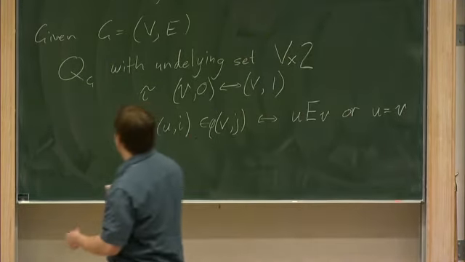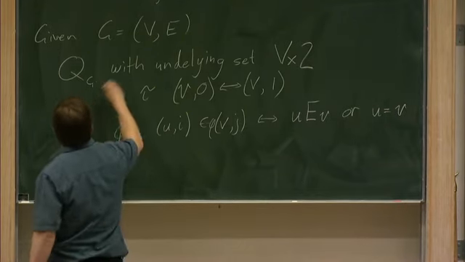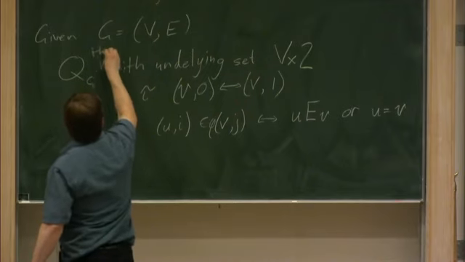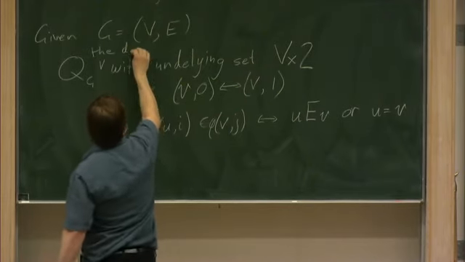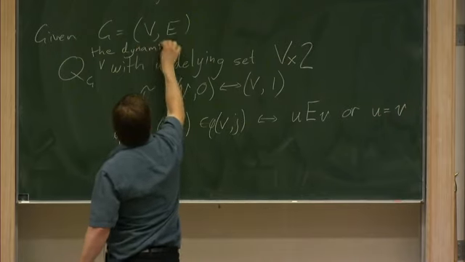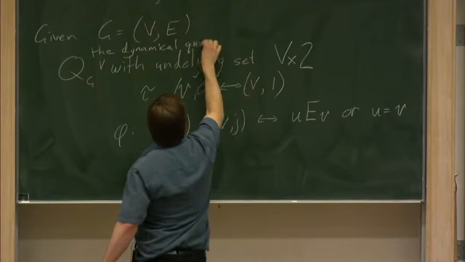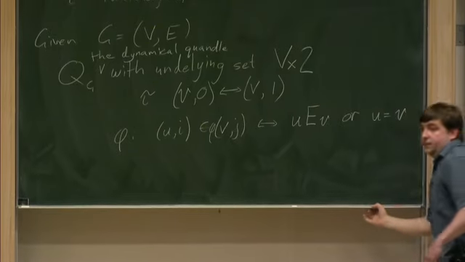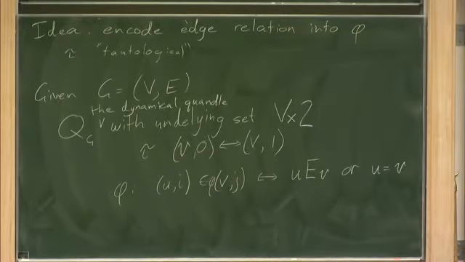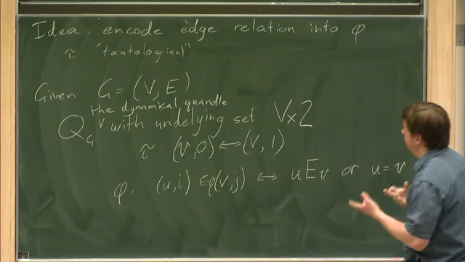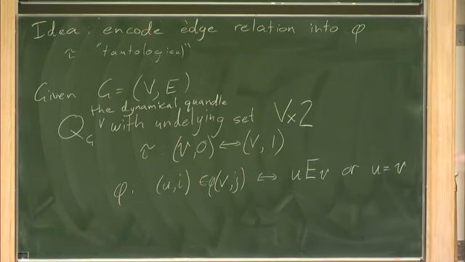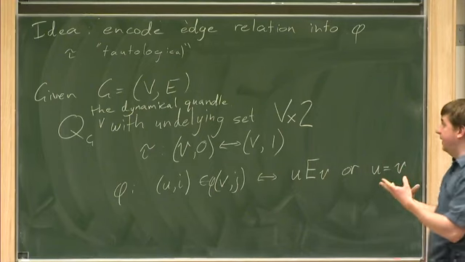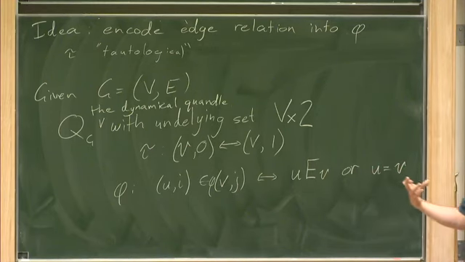That's the setup, and then of course the dynamical quandle that we get from this setup. Okay, so it should be fairly clear that given two isomorphic graphs, we get isomorphic quandles. The question now is, if we have two quandles coming from graphs, with an isomorphism between them, is there then an isomorphism of the graphs?